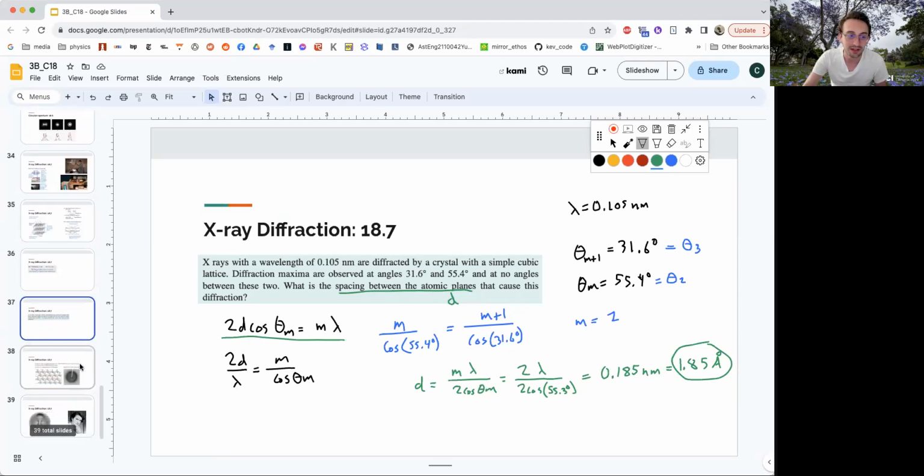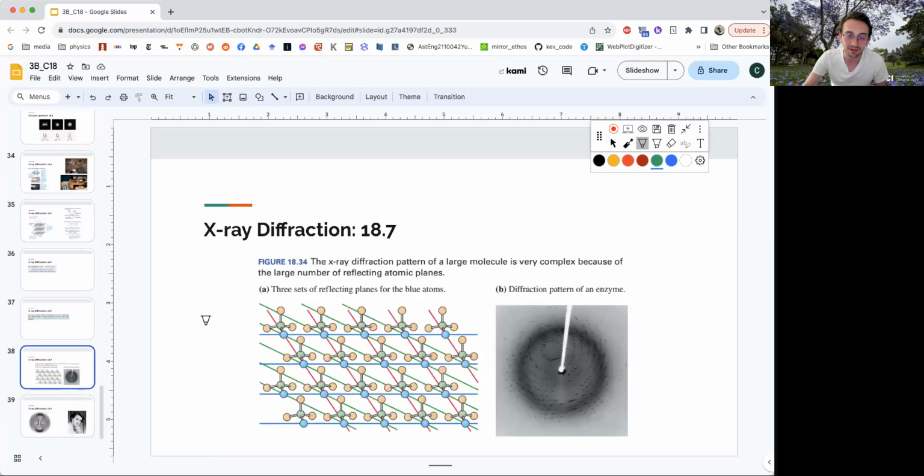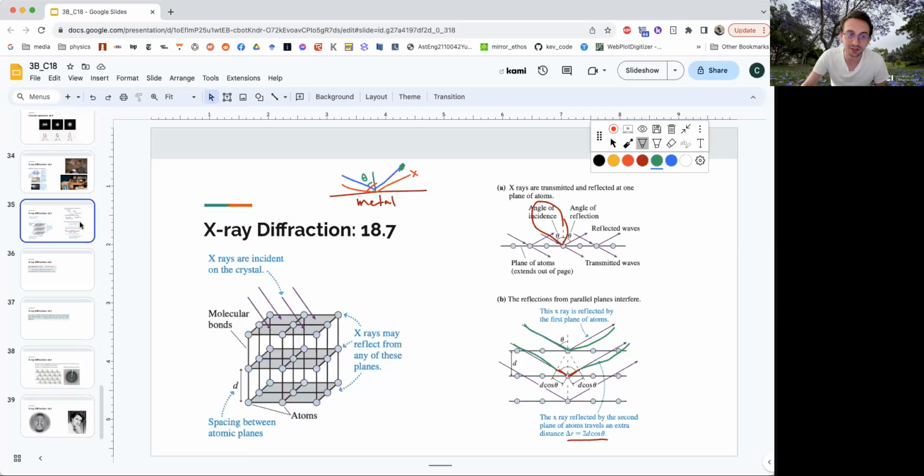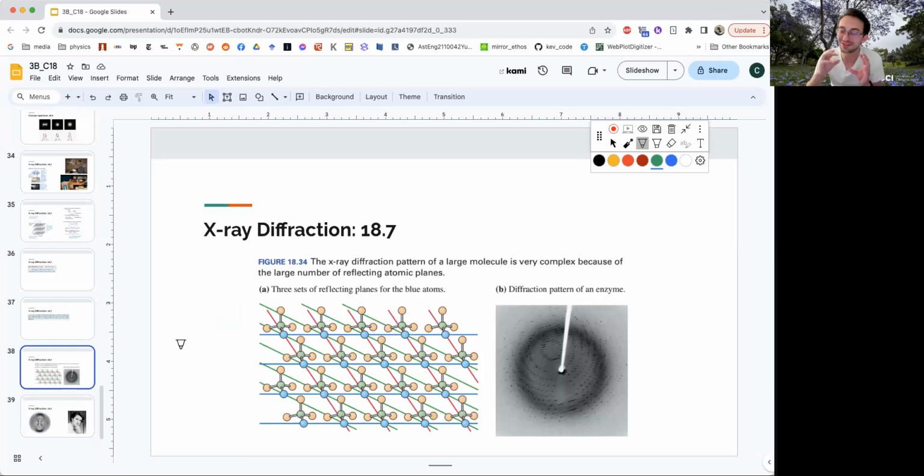And so to give you one example of where this comes up, in biology, of course, we have much more complex angles because we have much more complex molecules. So when you're dealing with something like an enzyme, the molecular structure won't be a simple cube. So we can't use the Bragg condition quite so simply. It'll be a bunch of cubes all mixed together.